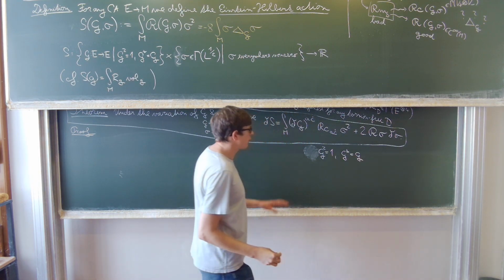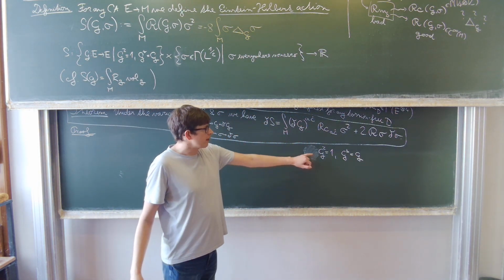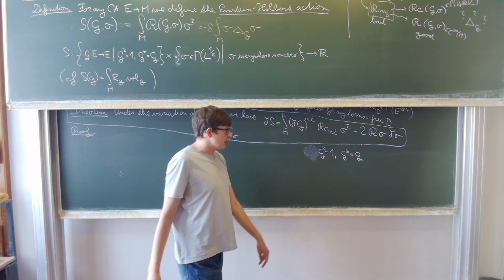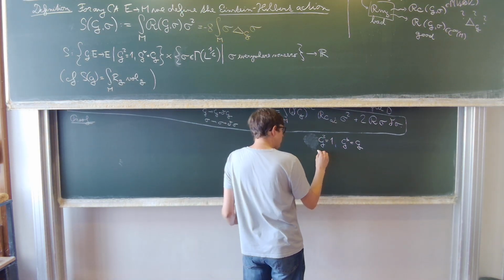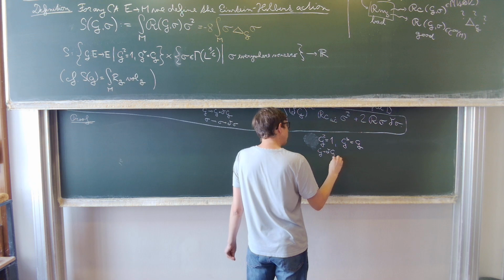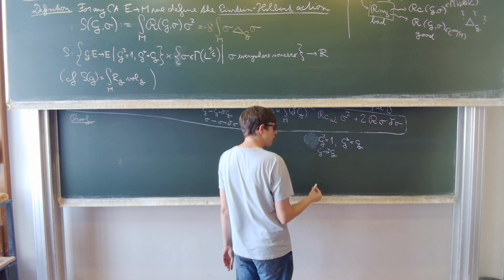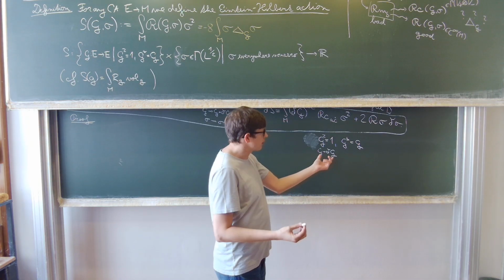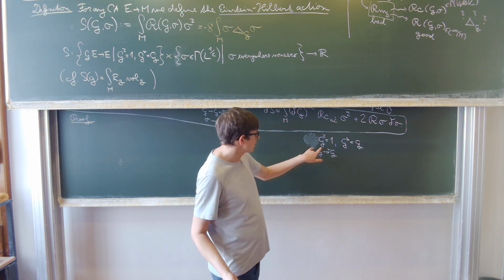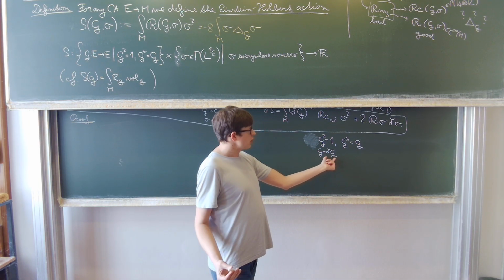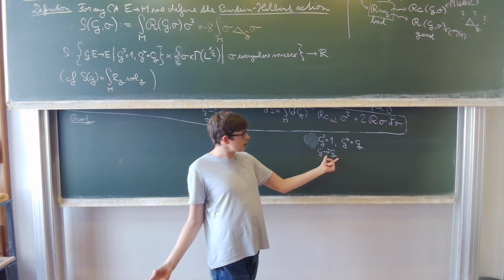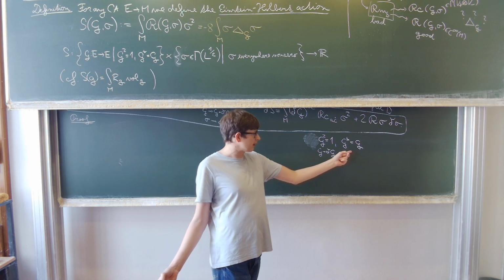I did a similar calculation before, but let me repeat it. Now if I vary it, so if I change it, and I want this new object to still satisfy these properties, what does it tell me about this change? Seeing G as an endomorphism, I change it by a small endomorphism. What are the conditions on this endomorphism so that these two things are satisfied?